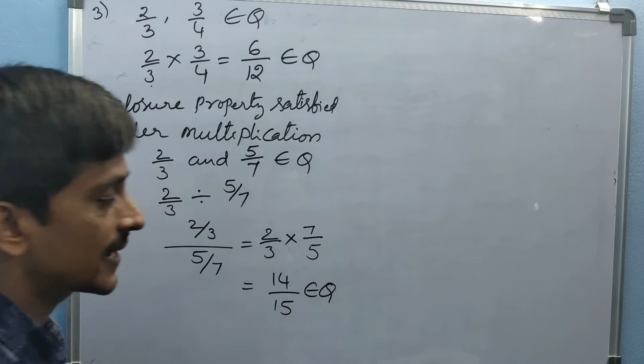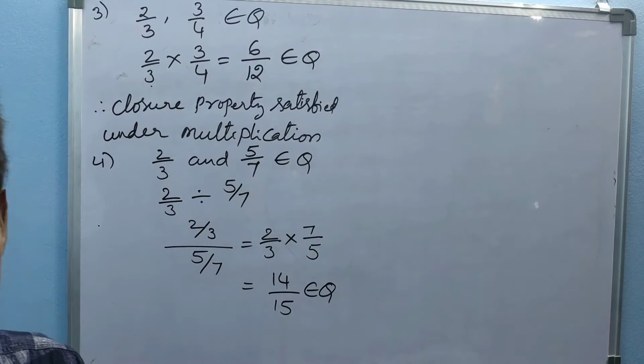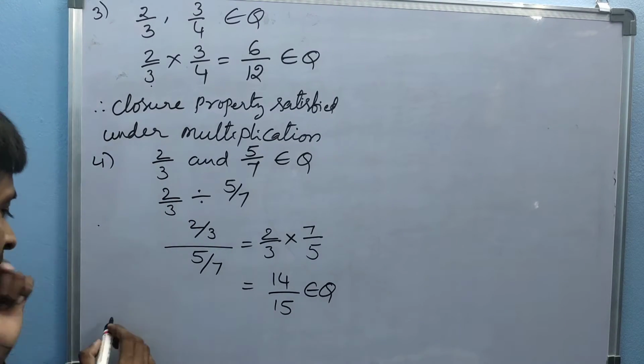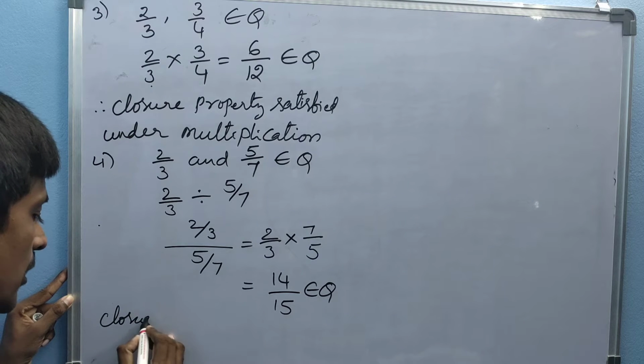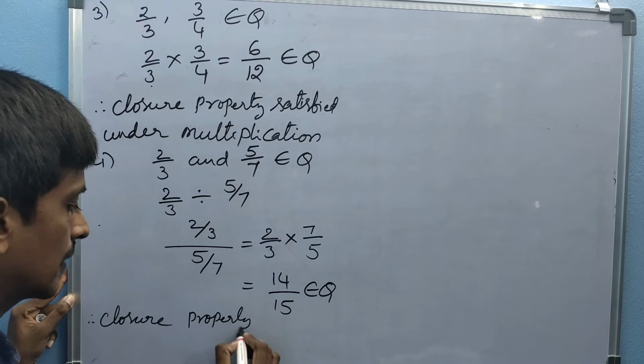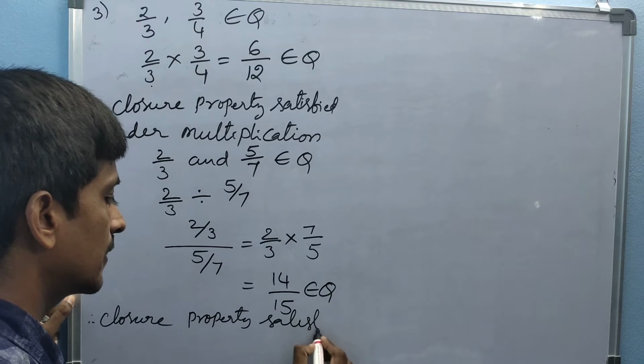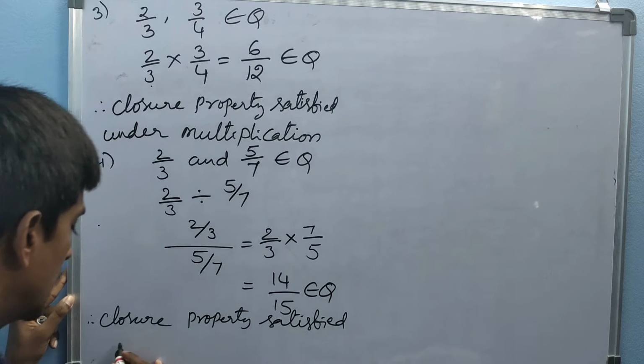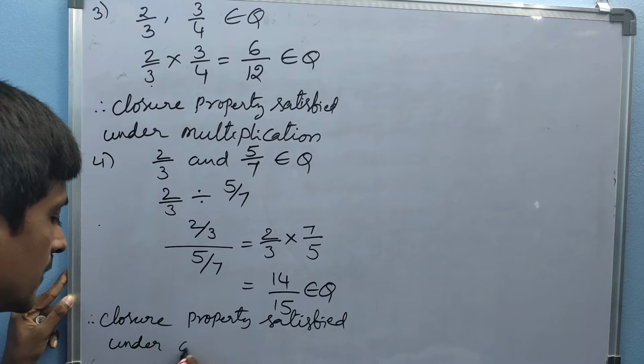It is also a rational number because it is in fraction form. Therefore, closure property is satisfied under division.